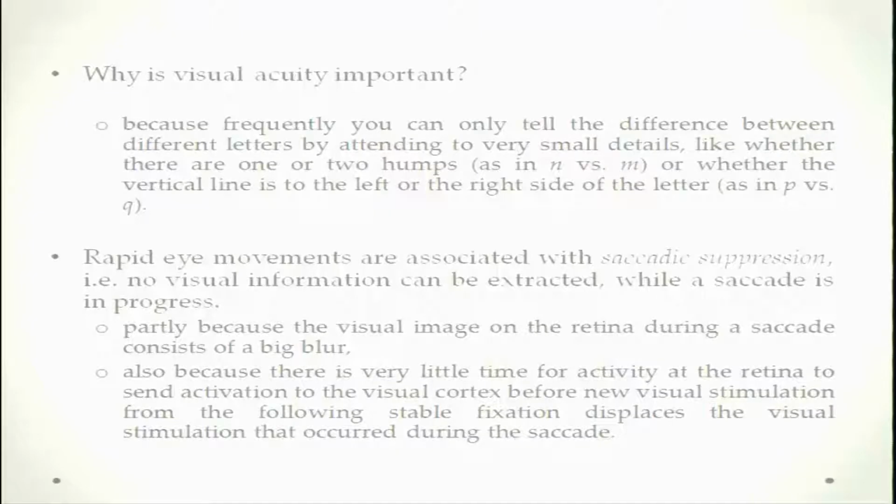Now, these rapid eye movements, these saccades, are also associated with something called saccadic suppression. Now, I talked about relatively stabler periods and then the fast movement. When this fast movement is being executed, these 20 milliseconds is the time where virtually no information can be extracted from the text. So if you are fixating at section A of the text and then going to section B, everything in the middle which you traversed will not give you any information.